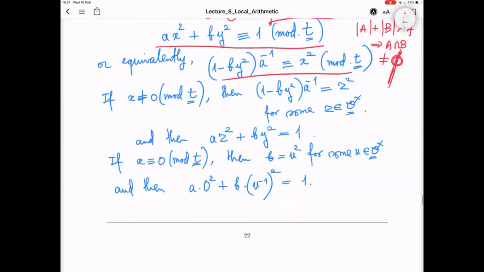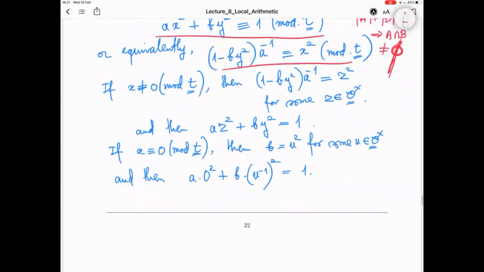Now, there are two possibilities. Sorry, wait a moment, what am I saying?